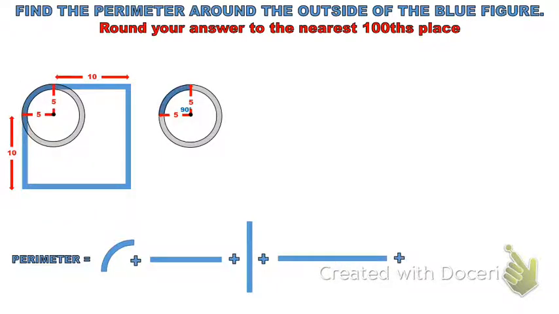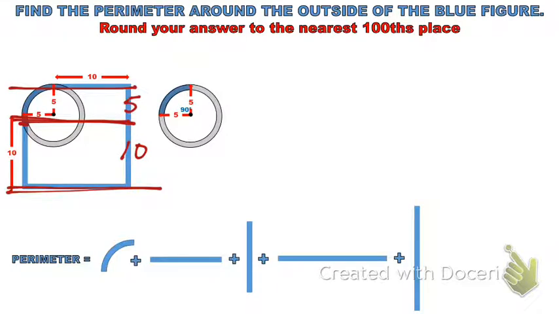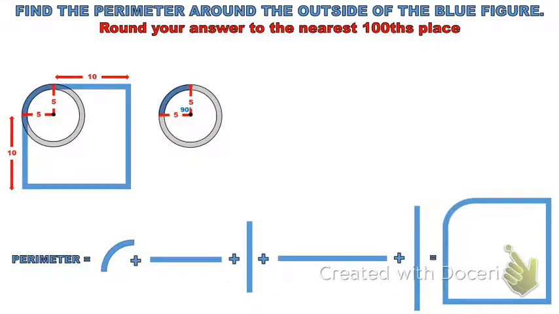And finally, we need to add on the longer vertical line segment. And so from the bottom to here is 10, and from here to the top is 5 more, the same as the radius of the circle. So this whole length is 15. So now for our whole perimeter, this arc was 5 pi over 2.